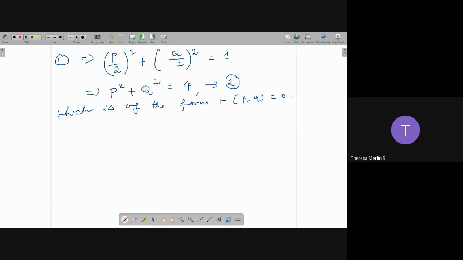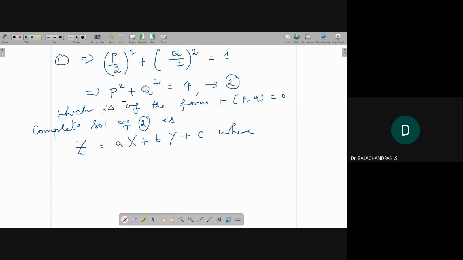Then the complete solution of equation 2 is, how to write it, in capital Z, because here we used capital Z: capital Z equal to a into capital X plus b into capital Y plus c.